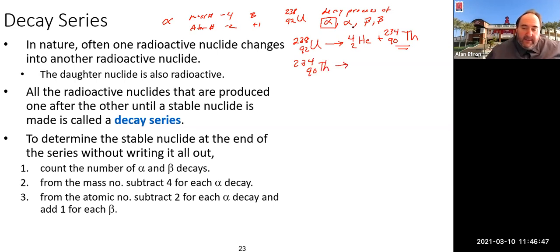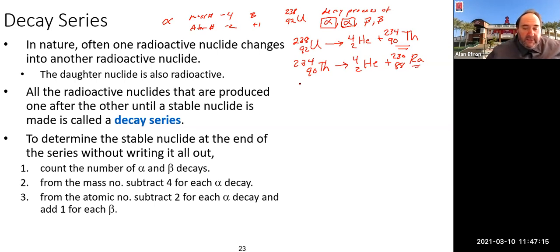And then that would go through an alpha decay. Again, we would do the exact same thing here. So we get 88 and 230 up on top. If we go to the periodic table and find number 88, it is Ra. And that takes care of the second step.